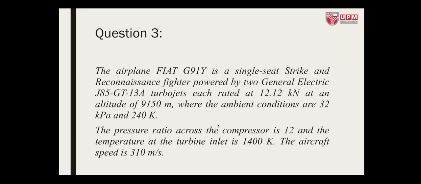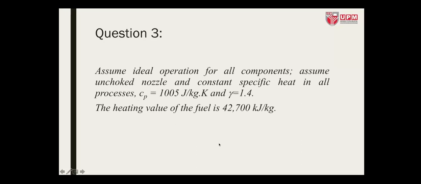Whenever you read the information, as I highlighted earlier, you straight away put down the information that is provided in the question. Okay, assuming ideal operation. In this question, they already give you, in the question itself, assuming ideal operation for all components.